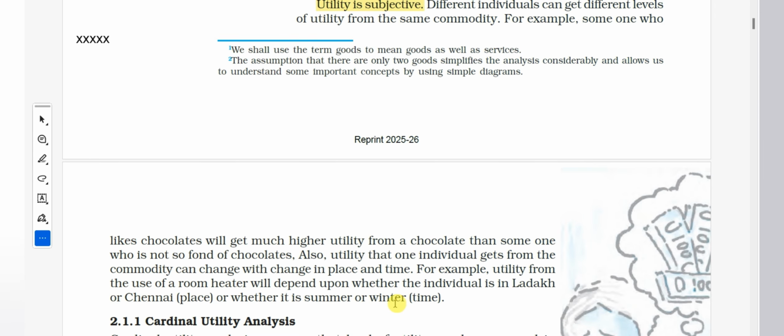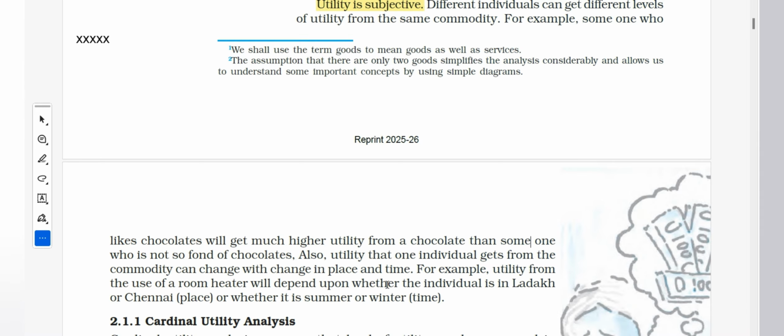Okay, another good example is water. For somebody who lives on the beach or who lives just next to a river, the utility of one packaged bottle is very much less when we compare it to somebody who is in the Sahara Desert. In the Sahara Desert, you do not see water sources.